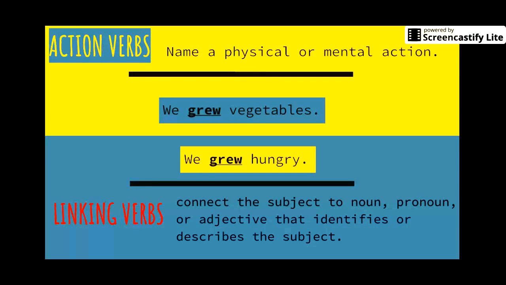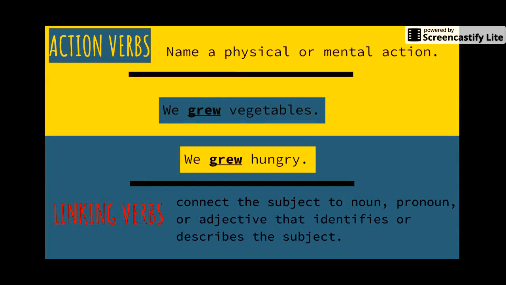Hungry is describing us, so grew is a linking verb. We grew hungry. Same word, but the difference is how it is used and what's meant by the sentence. So you got to be careful not to just see a word that you think is a linking verb and automatically call it a linking verb. Look at how it's being used in the sentence.